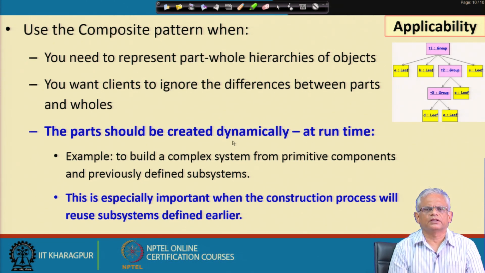We can copy a group multiple times and make that into a larger group with more primitives and so on. We will take some examples and look at the kind of code that will correspond to this design pattern, but we are almost at the end of this lecture. We will stop here and continue in the next lecture. Thank you.